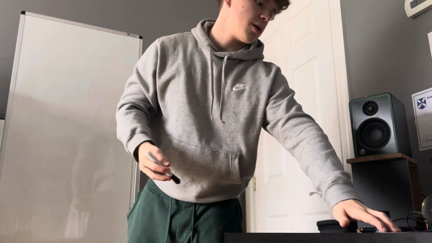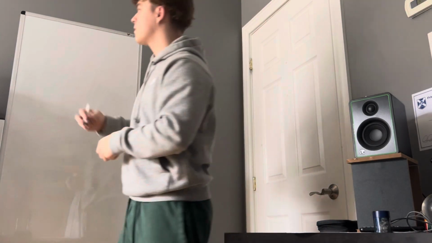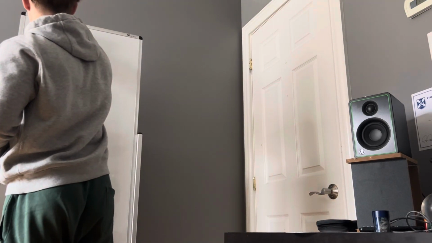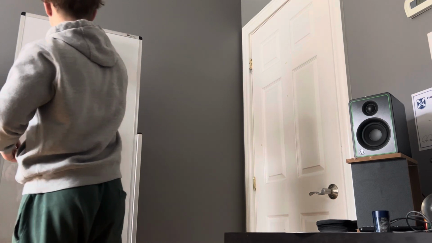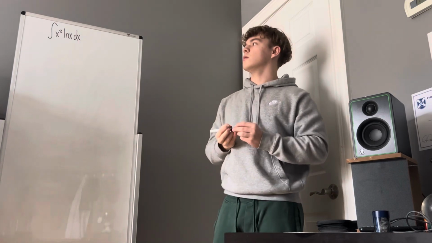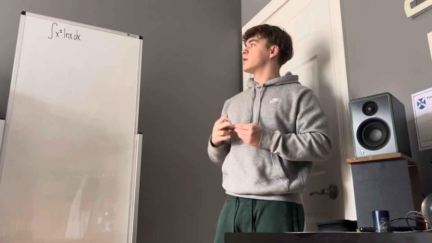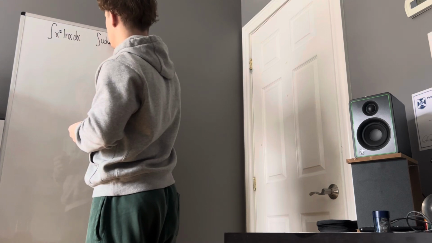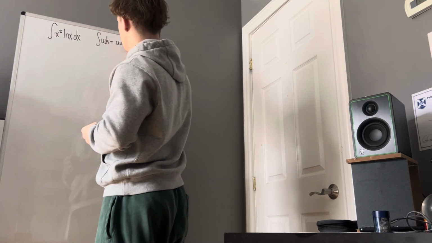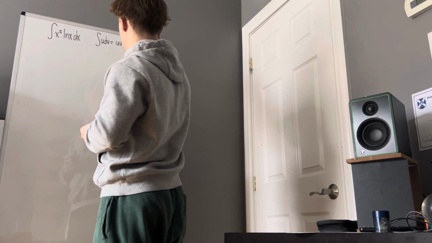Okay, so our example is the integral of x squared ln x dx. Let's think of this as the integral of u dv. We know this equals uv minus the integral of v du.